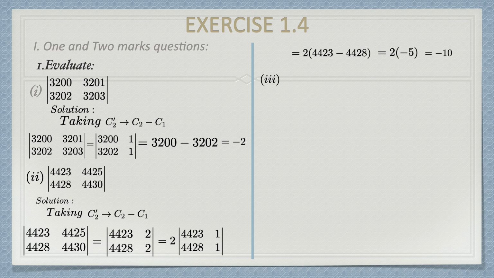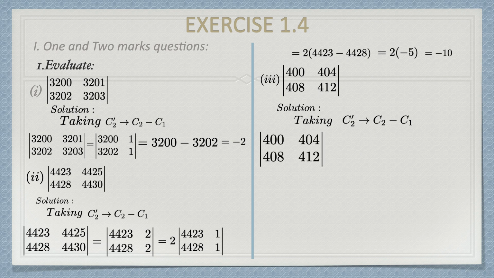Third problem, determinant is given. Solution, by taking column 2 minus column 1. Same like the previous problem. Column 2 minus column 1. We'll write the determinant equal to. So by subtracting, we get 4 and 4 in column 2.